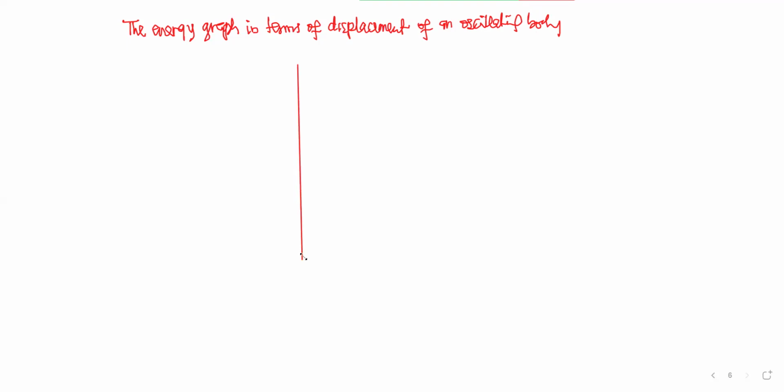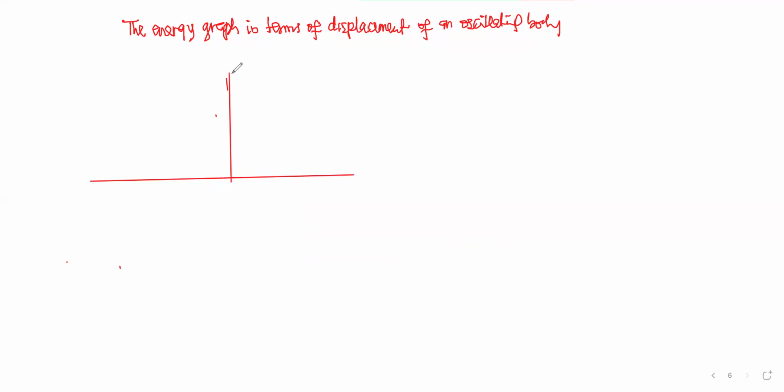The vertical axis is for energy. The horizontal axis is for displacement. Okay, let me manage this line. So energy against displacement.